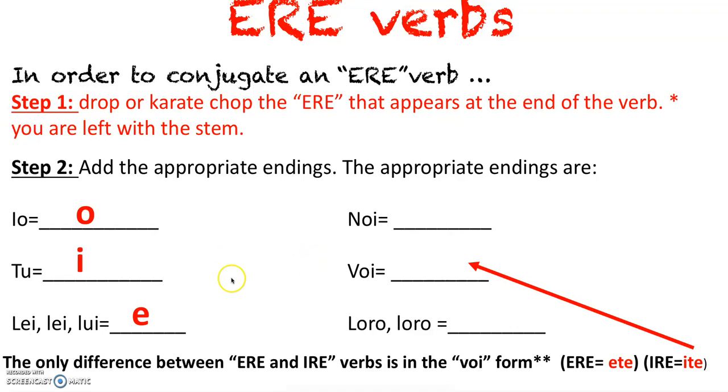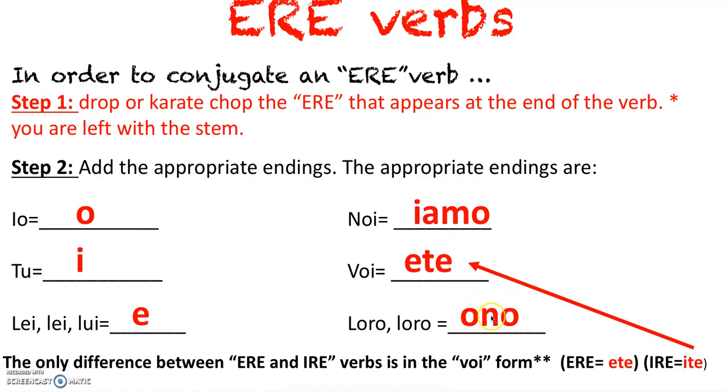Now noi is also exactly the same: iamo. Voi is ete. And loro is ono. So we have O, I, E, iamo, ete, ono.